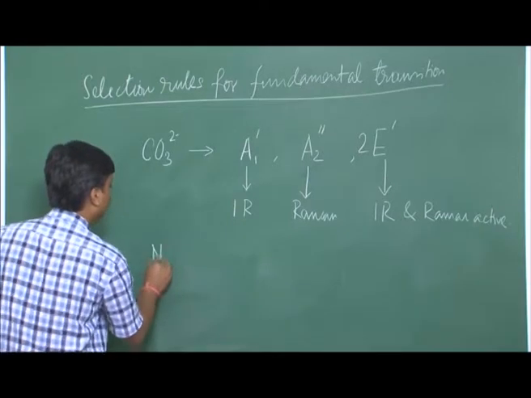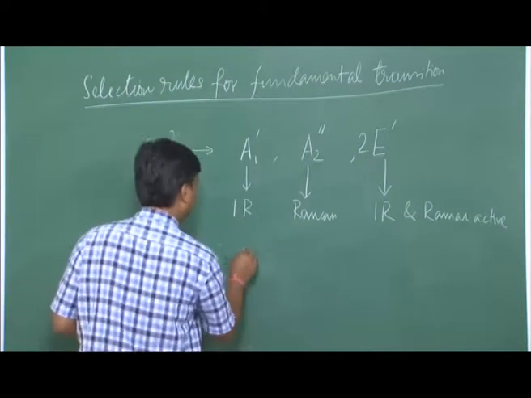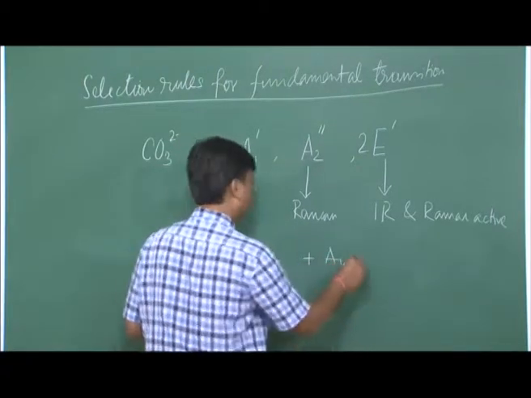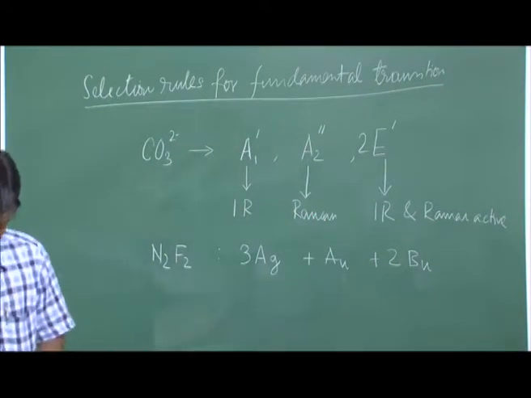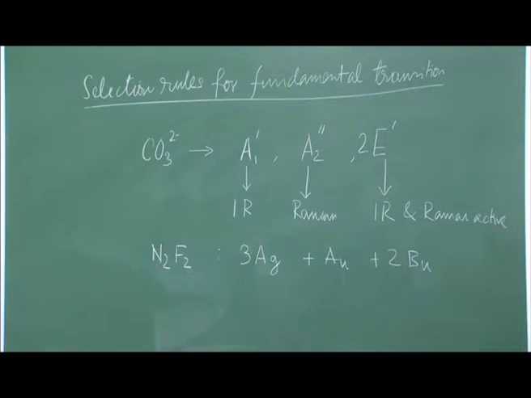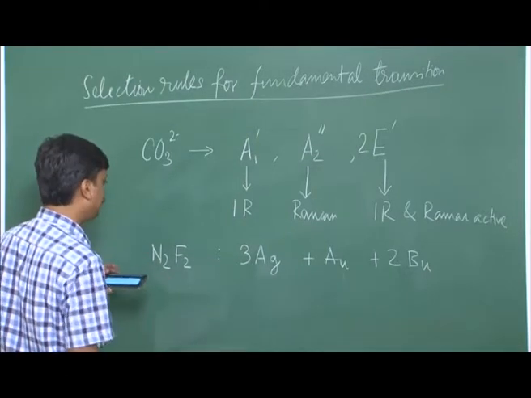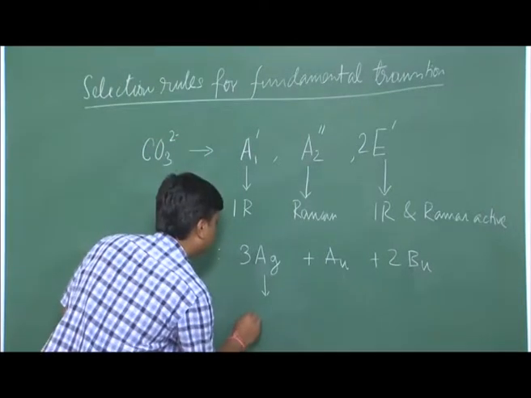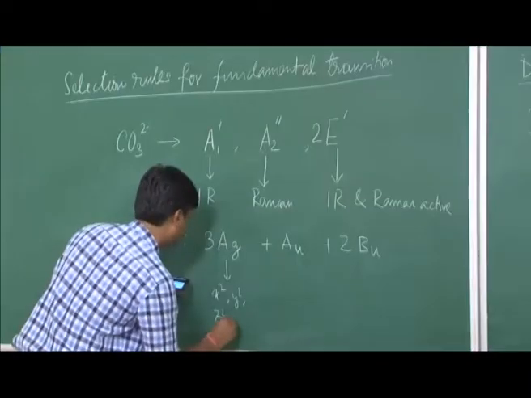All right. Okay. So we also had this N2F2 molecule, for which we had these vibrational modes like 3 Ag plus Au plus 2 Bu, right. Now, if I look at the character table of C2h, what I see is that Ag has only the binary functions like x square, y square, z square, xy.